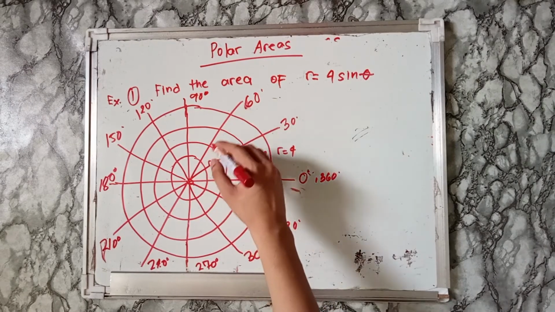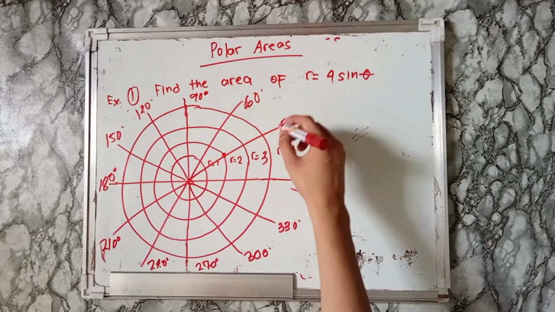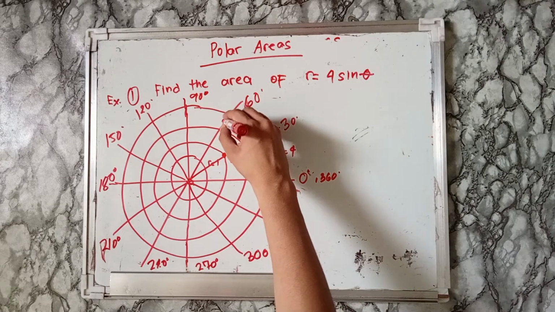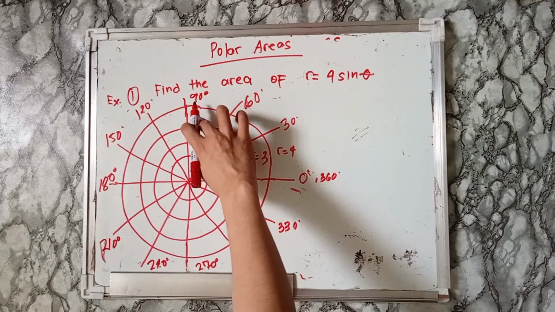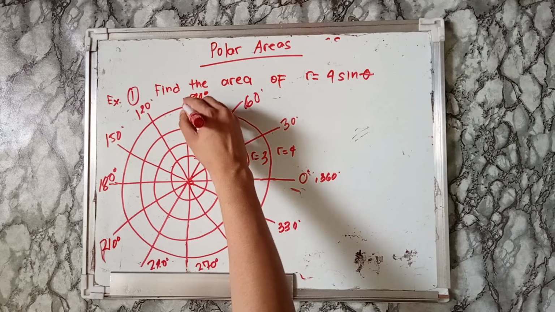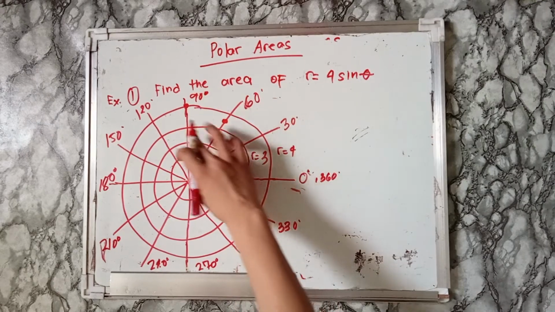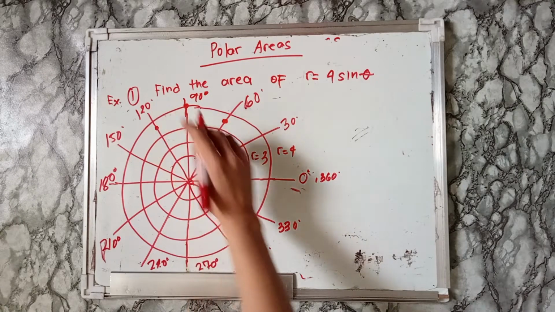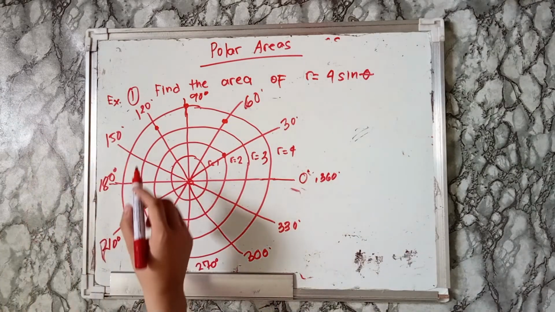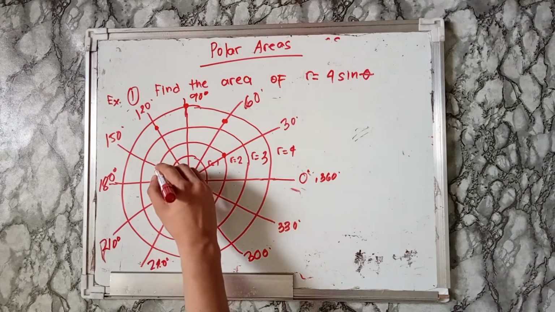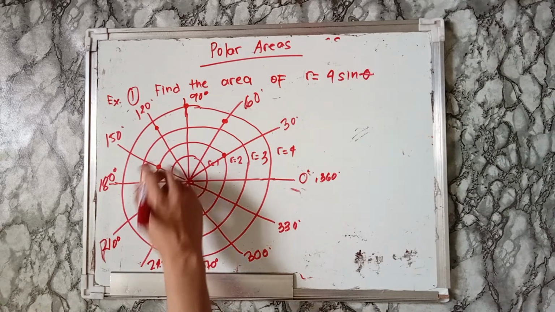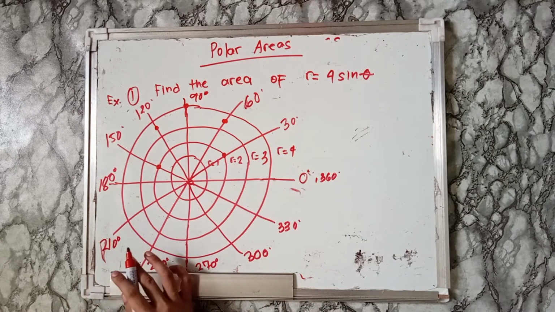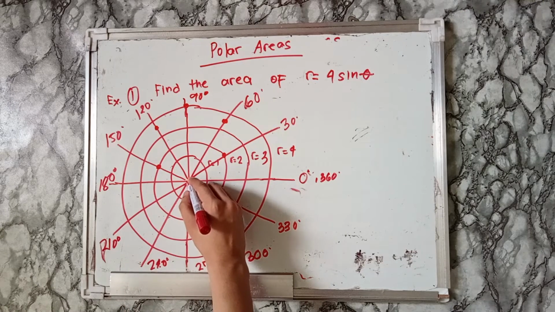If 60, our radius is 3.46, somewhere in here. When 90, our radius is 4. When 120, our radius is 3.46. When 150, our radius is 2. When 180, our radius is 0.